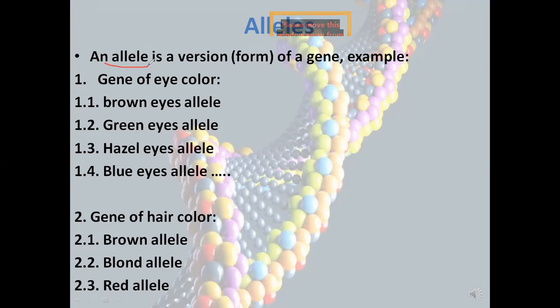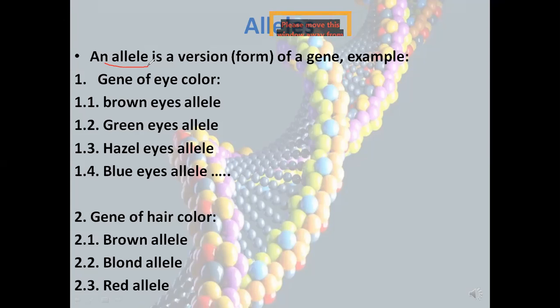They are different versions or different forms of the gene. For example, for the gene of the eye color, what different models do we have? We have the brown eye allele, the hazel eye allele, the blue eye allele, the black eye allele, and so on. These are called the alleles. They are the versions or the forms of the gene.